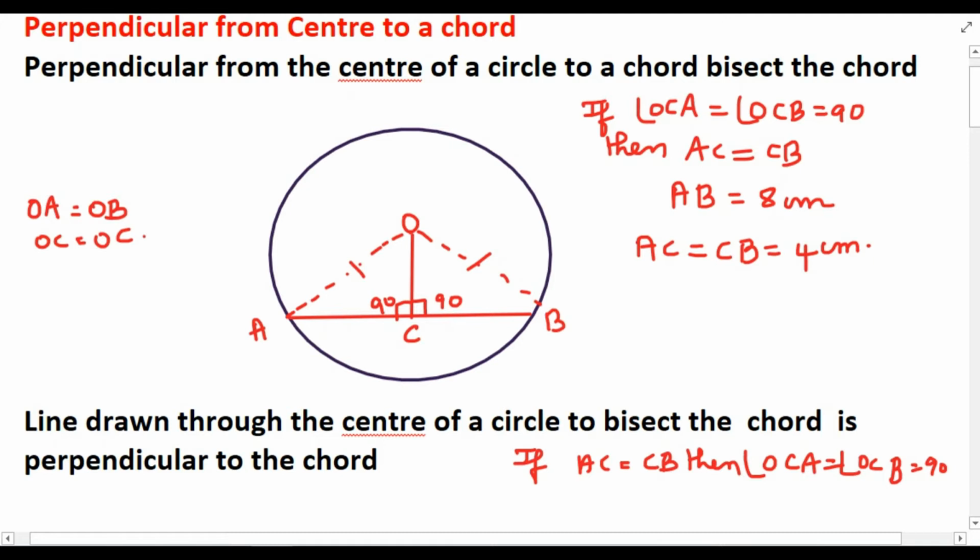So I can write the other one also, AC equal to CB, because it is given bisect the chord. Therefore these two triangles are congruent by SSS congruence rule. Therefore we can say that these two angles are equal by corresponding parts of congruent triangles. So we can prove that.